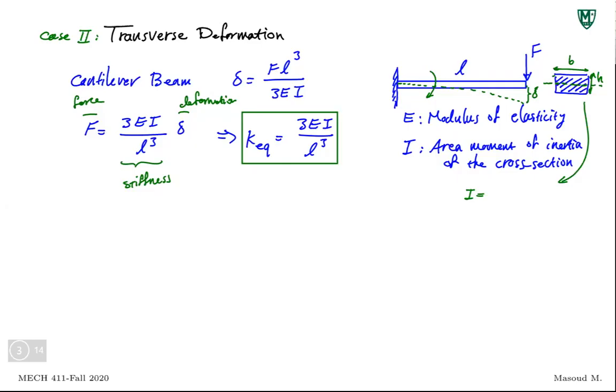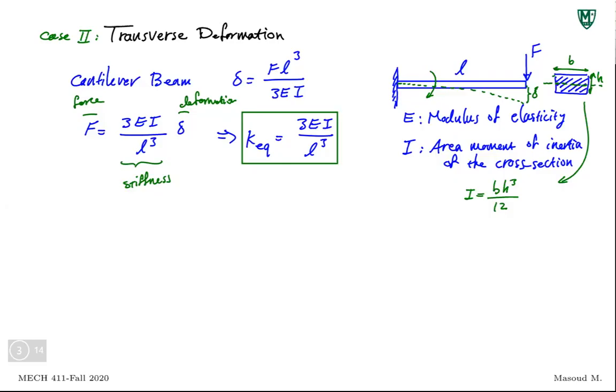Is it a rectangle or round? It's a rectangle. So the width is B, the height is H. H to the third power over 12? Exactly. Thank you, Yusuf. So B H cubed over 12.